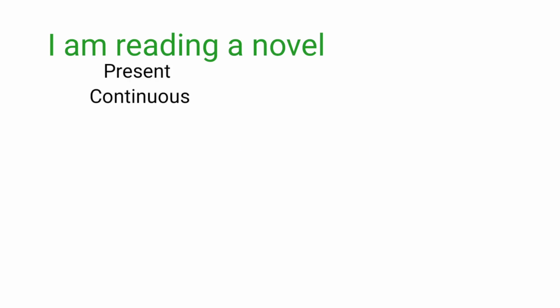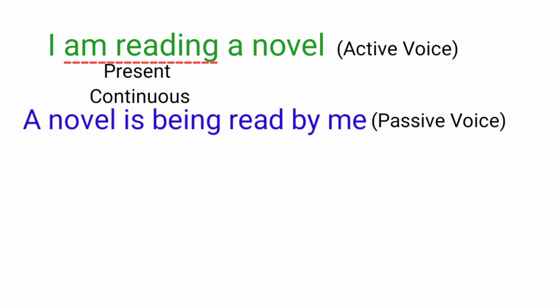I am reading a novel. Now this is in present continuous. Am reading. I is the subject. The sentence is in the active voice. A novel is being read by me. Now when we change it into passive, the tense should not change.